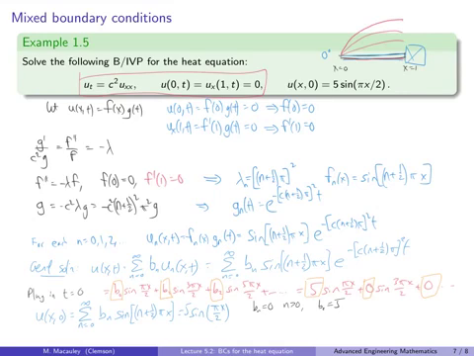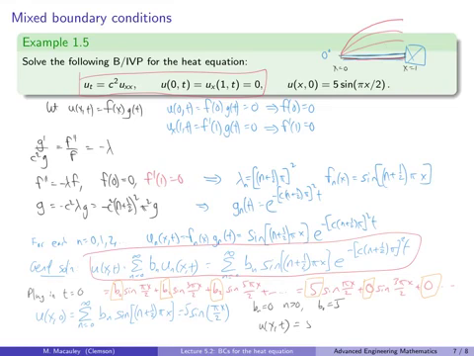So our final solution is u of x,t. It just contains one term. We don't need an infinite sum. We shouldn't put an infinite sum there. It's one term. So here's our, let me box our solution. It's just the n equals 0 term.